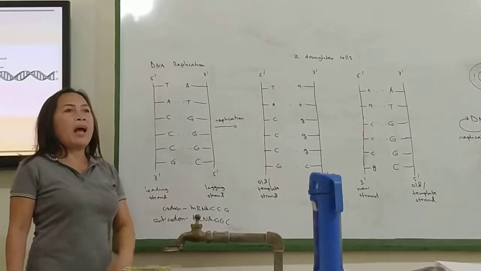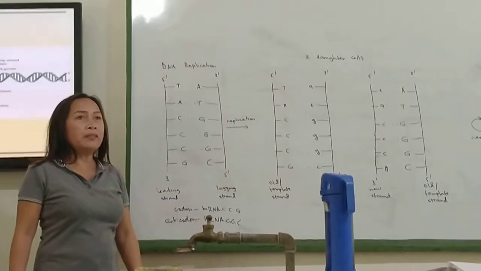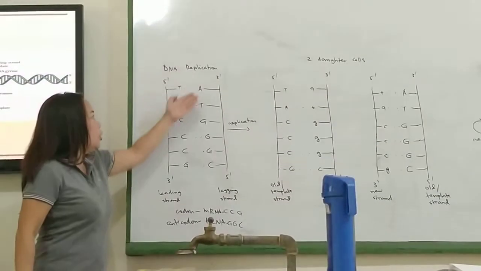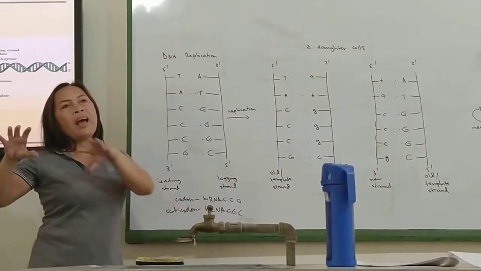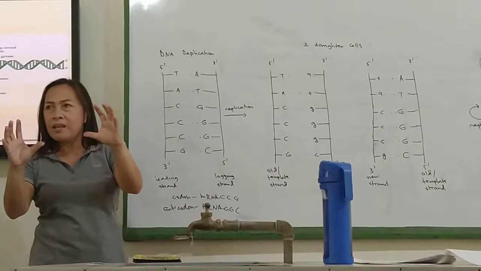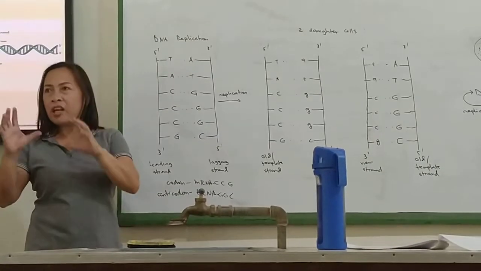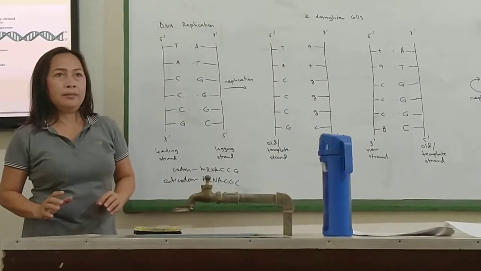Now there is what we call editing. You know what? The role of DNA polymerase is not only to polymerize or to make new sequences of DNA, but there are what we call 2 ways of checking by these DNA polymerases. How do they check whether their work is accurate or not?